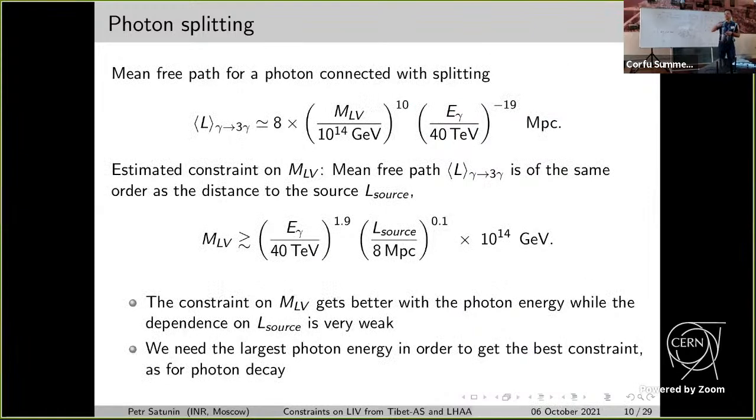Inverting the formula from the previous slide, one can obtain the mean free path for the photon connected with that splitting process, and from that formula one can obtain the estimated constraint on the mass scale M_LV. You can see that the dependence on the distance to the source is very weak, but you can see also the dependence on the photon energy, which is a little bit worse than the quadratic formula.